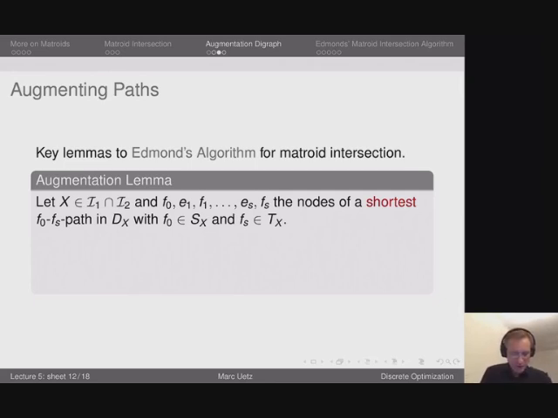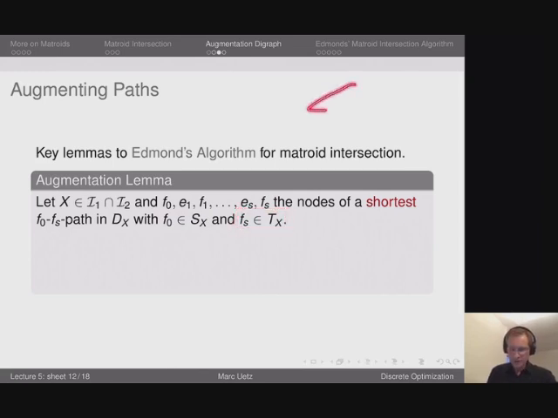So we summarize all that in the so-called augmentation lemma. Let me just recollect what we said. We start out with an independent set, independent with respect to both matroids. We find a path which starts at a node F0 and ends at a node Fs, such that F0 was contained in the set Sx and Fs was contained in the set Tx.